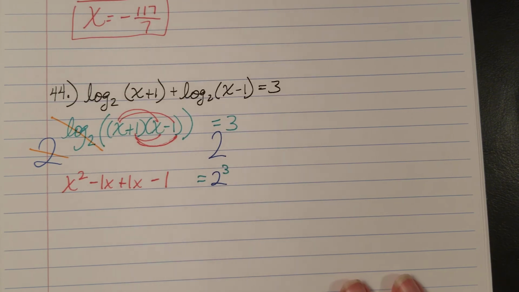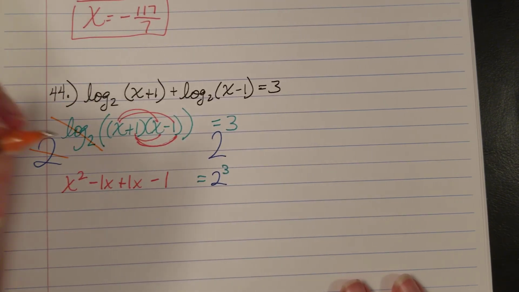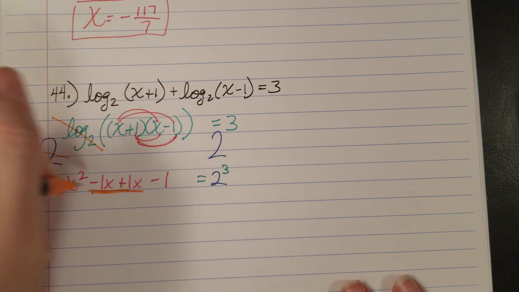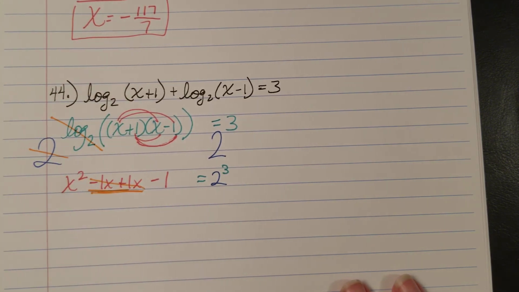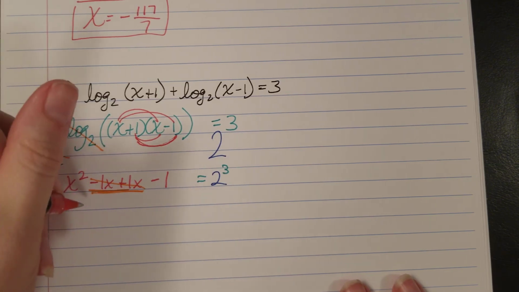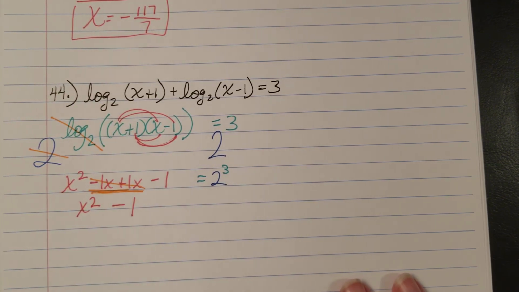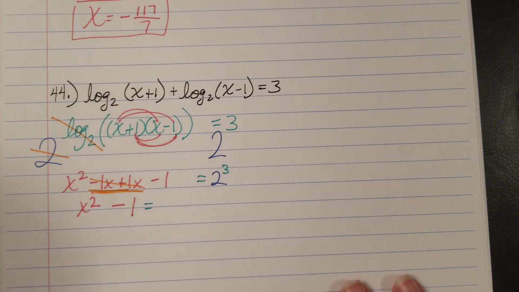Basically we've got a quadratic equation happening here. Those are actually going to cancel each other out in this case. So we would end up with x squared minus 1 equals 2 to the power of 3, 2 times 2 times 2, so that would be 8.